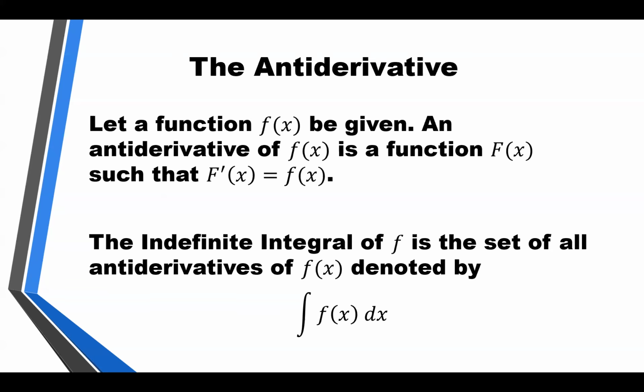Now, this gets me to the idea of the antiderivative. If I start with a function, an antiderivative of that function, we'll call it lowercase f, is another function, we'll call it uppercase F, such that when I take the derivative of uppercase F, I get lowercase f.